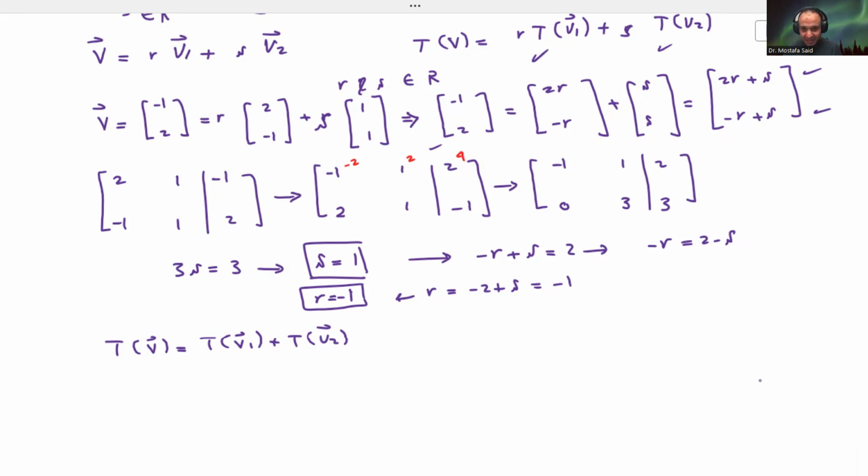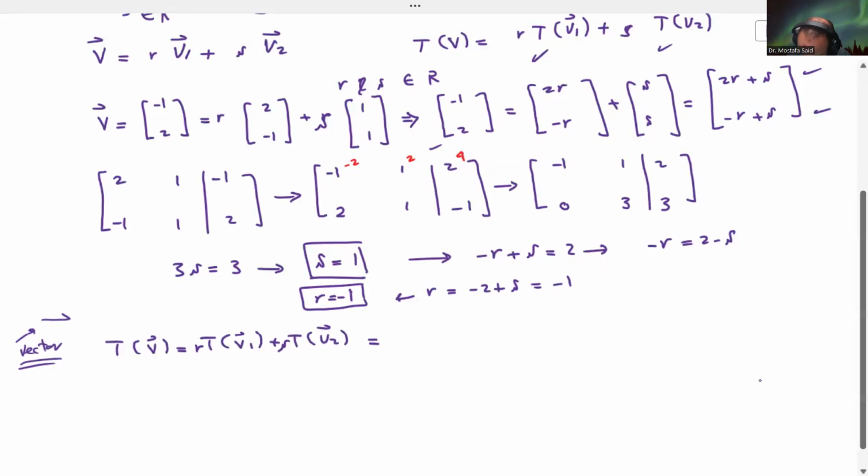When you write with handwriting, it's very difficult to make bold and light. So we can just put this symbol here, which represents a vector. Okay, so T of V equal to R plus S.